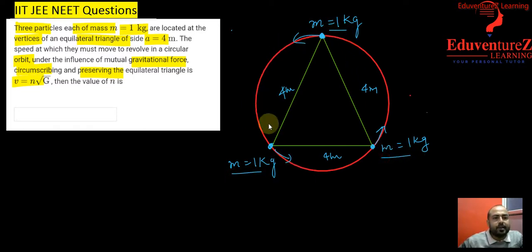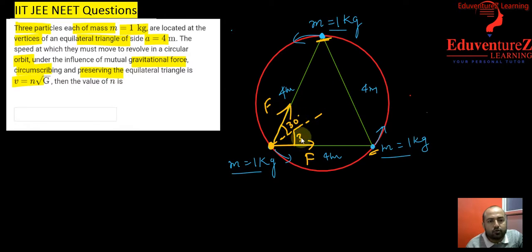This particle is moving in this direction, this particle in this direction, and this in this direction, but the shape of the equilateral triangle must be maintained. Suppose initially the position is as shown in the figure. On this particle, the force of attraction by the other two particles will be F in this direction and F in this direction, and both F are at an angle of 60 degree. So this one is 30 and this one is also 30.